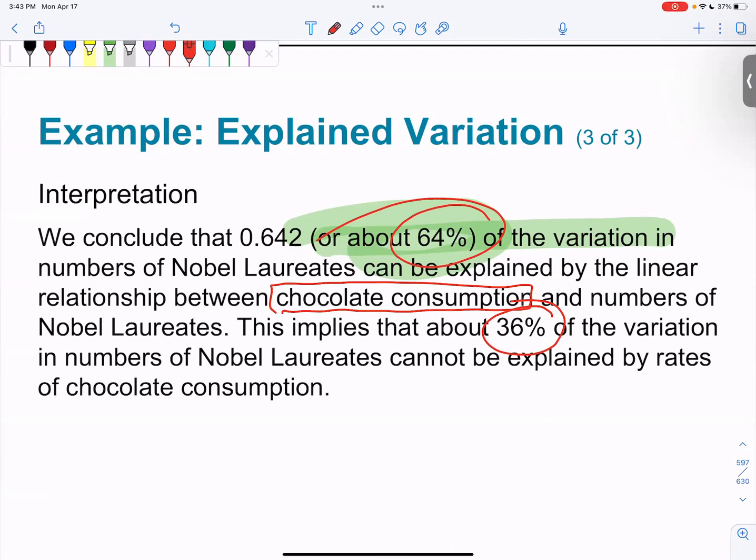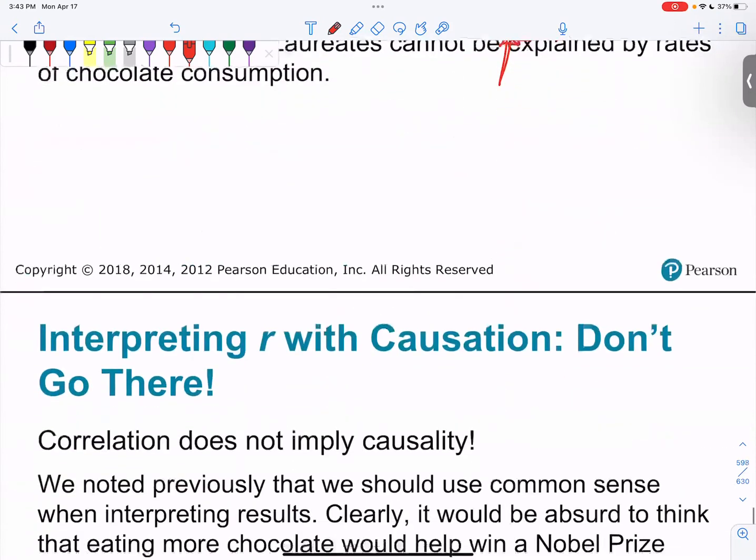Because here we include one variable, which is chocolate consumption, right? But the rest, we might have other variables that we don't study and related to this 36%. So 36% of variation that we cannot explain because of one, random error or sampling error, okay? Two, other factors we don't study.